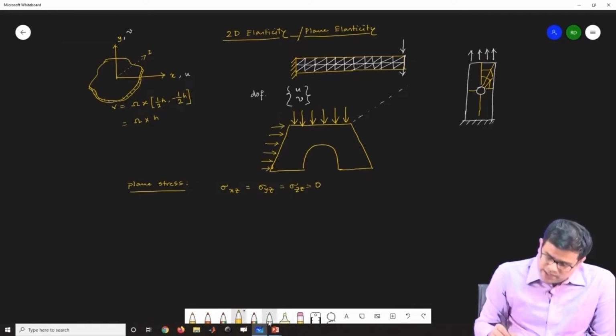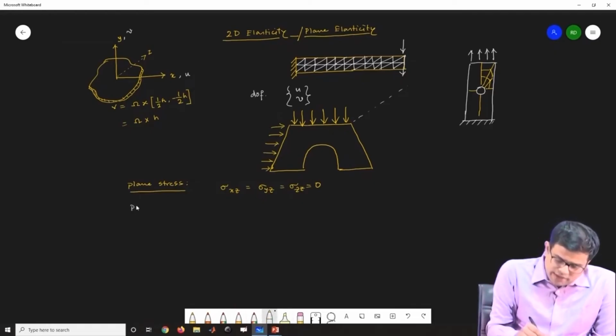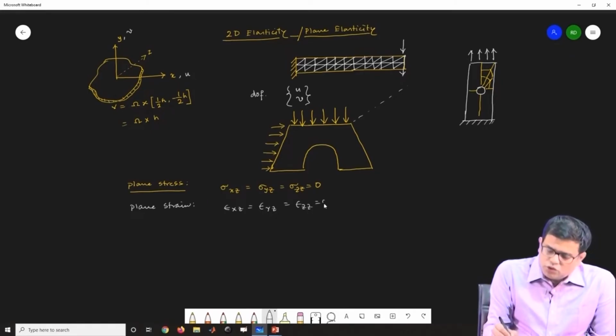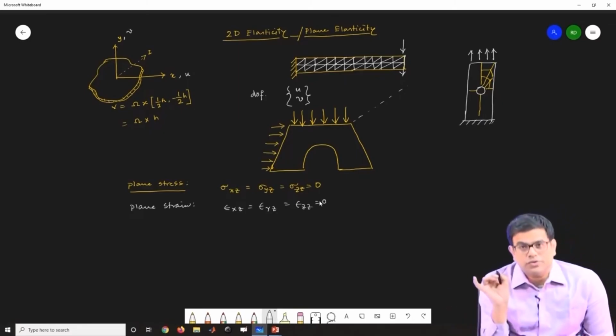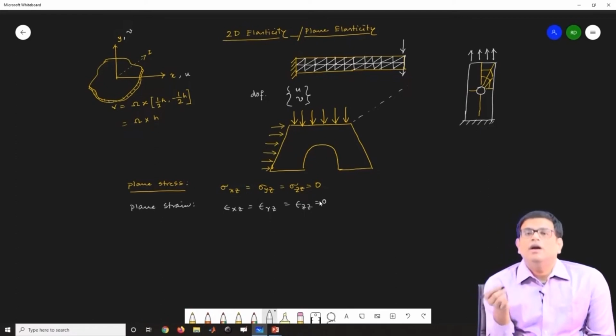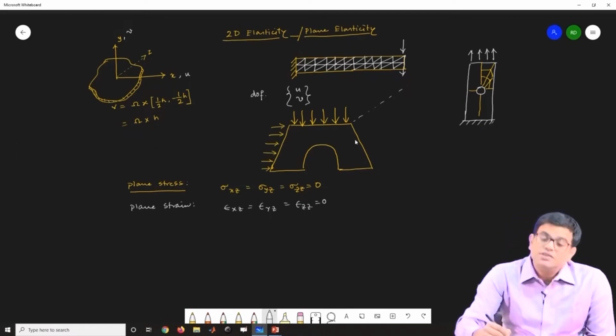Now similarly, in the case of a plane strain problem, we say that epsilon xz or gamma xz, whatever you call it, epsilon yz and epsilon zz are 0. All other strains are non-zero. That's why plane strain will create a third direction stress.